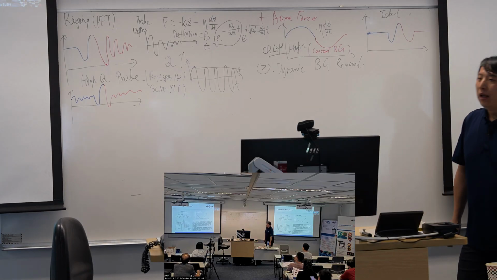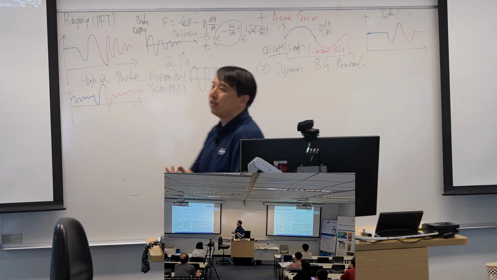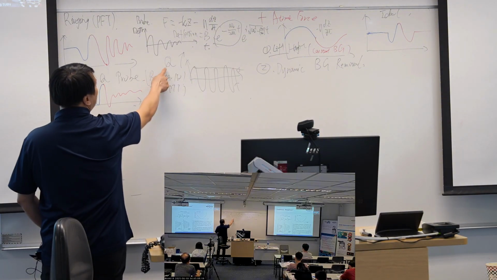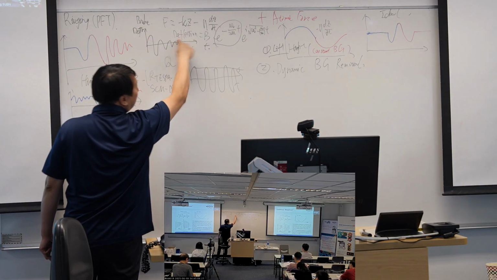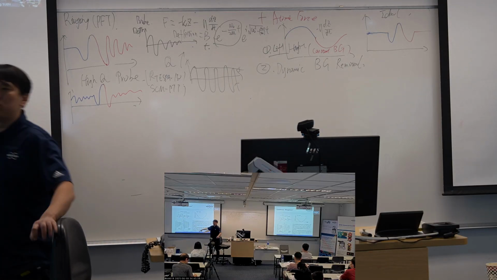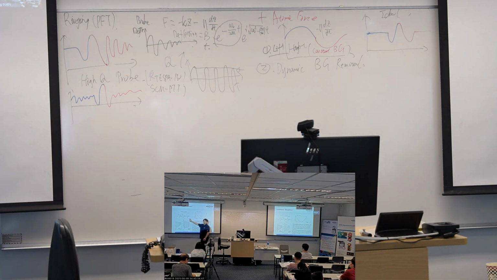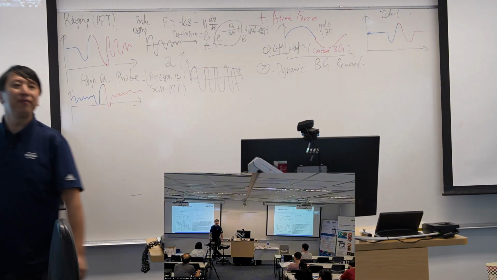Okay, so usually we are using some soft probe, for example, the ScanAsyst-Air. For the ScanAsyst-Air, the Q is quite small. When the Q is small, it will damp quite fast, and you may see the ringing just do 1 or 2 periods, then it's done. But if your Q is large, you may observe this kind of thing.